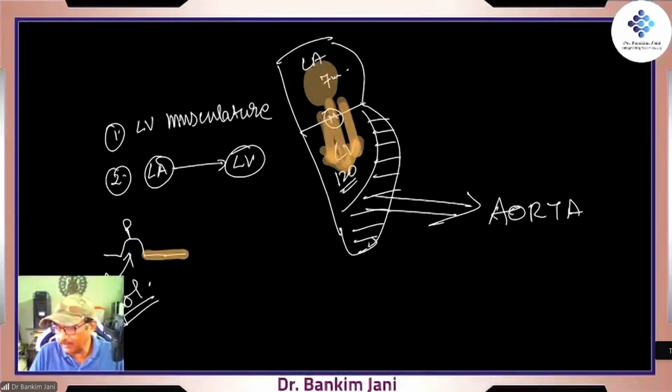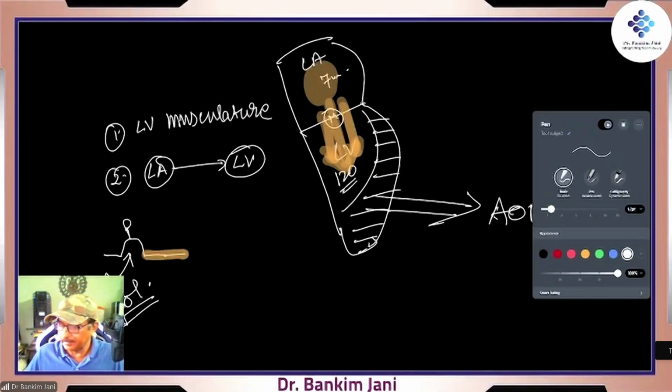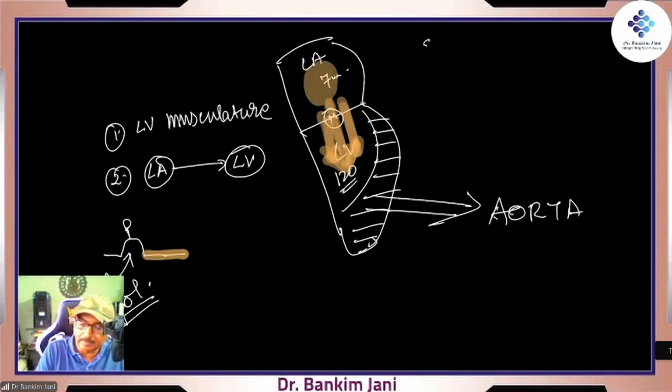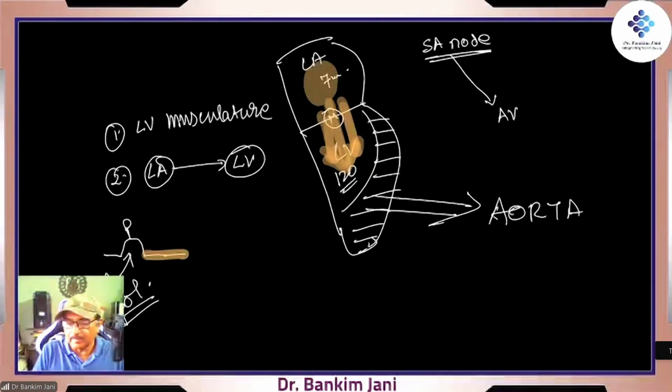So electrically, what is happening in this case? Electrically speaking, we have the SA node, right? This is the SA node. And then there is the AV node.